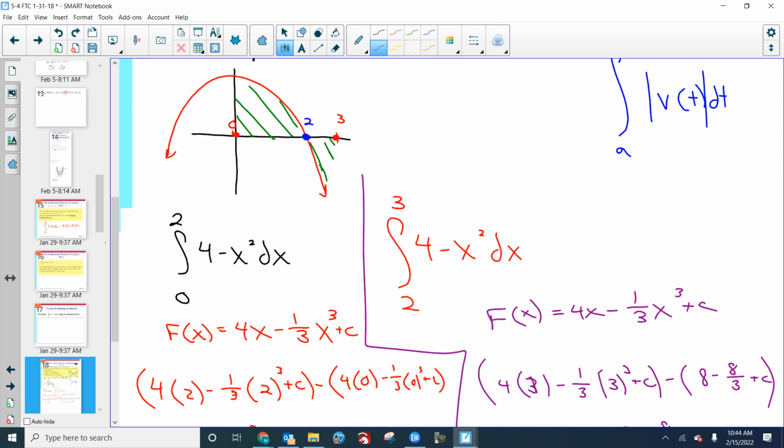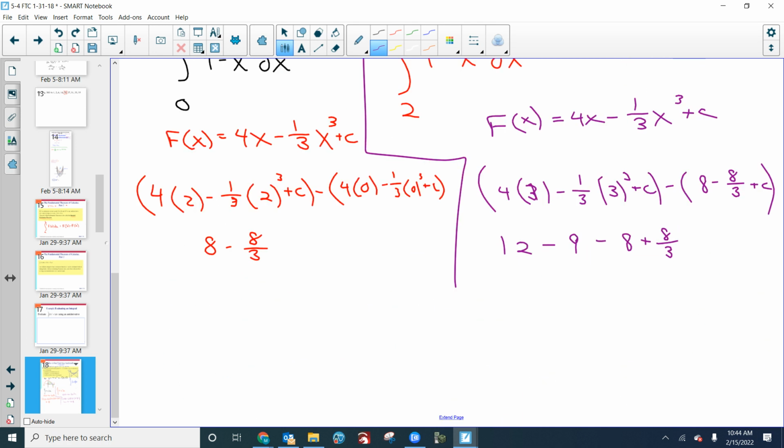If you're less confident, you're going to find both of these areas separately, make them positive, and then add them together. That's probably the safe route. So for teaching a whole class, I would probably combine these like terms, okay? Isn't 8 24/3? What's 24/3 minus 8/3? Good, 16/3.